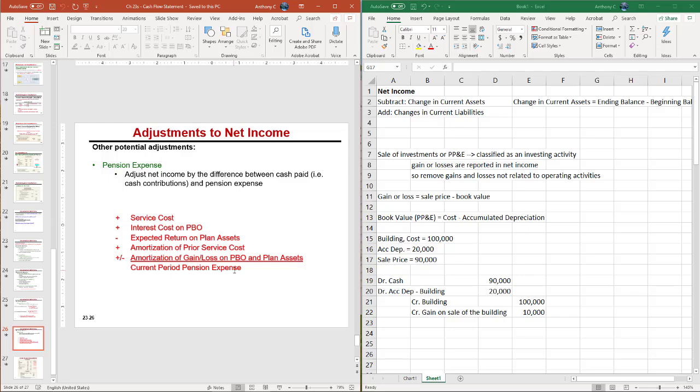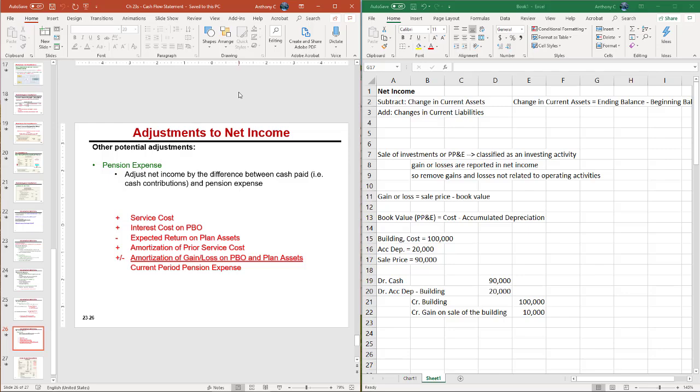So the company ended up booking an increase in pension expense due to the service cost. However, the cash paid out for that service cost won't be paid until several years into the future. So for pension expense, we will add back the amount of pension expense into net income.